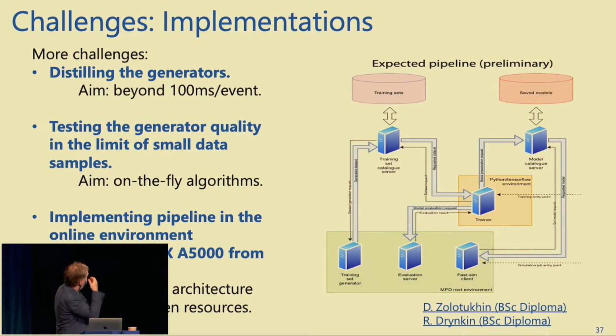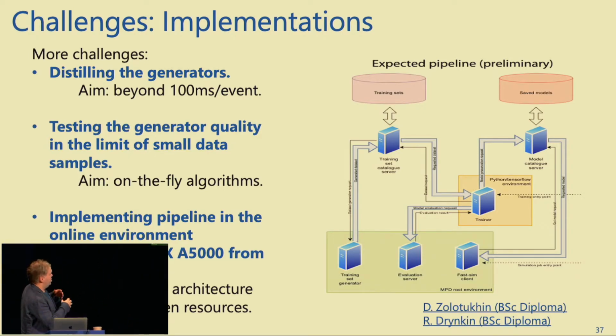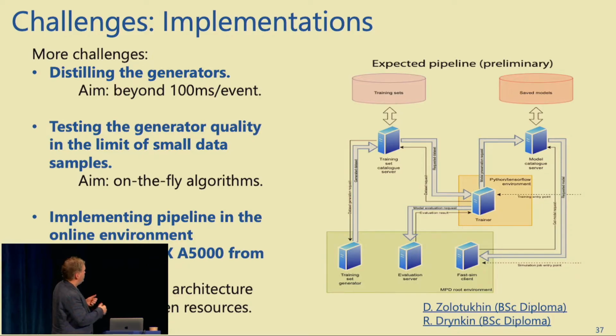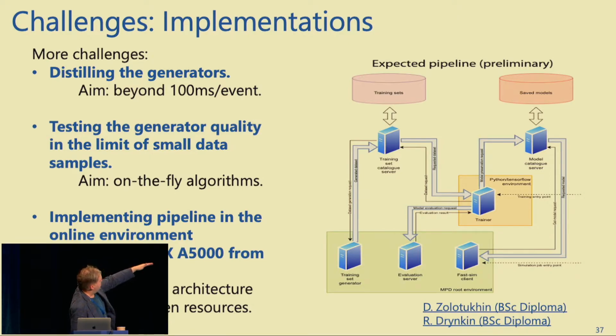We also need to create testing of the generation quality in the limit of small data samples, because we need to understand very fast what is happening inside the detector, and we aim to have on-the-fly algorithms, and for sure implement the pipeline. This is an idea of the pipeline that we use for the Joint Institute for Nuclear Research in Dubna.